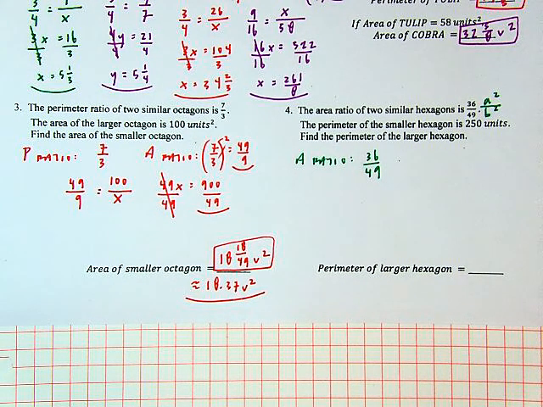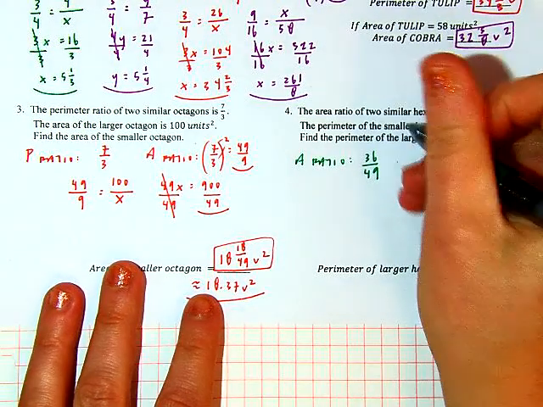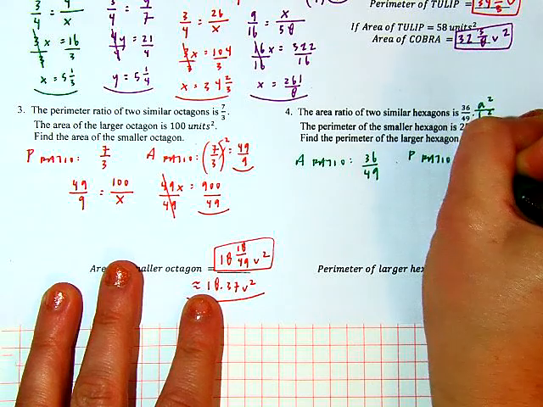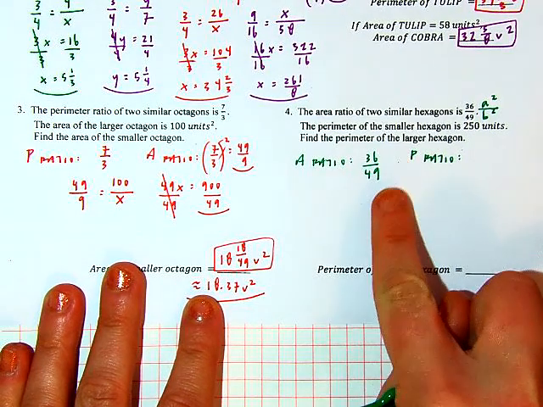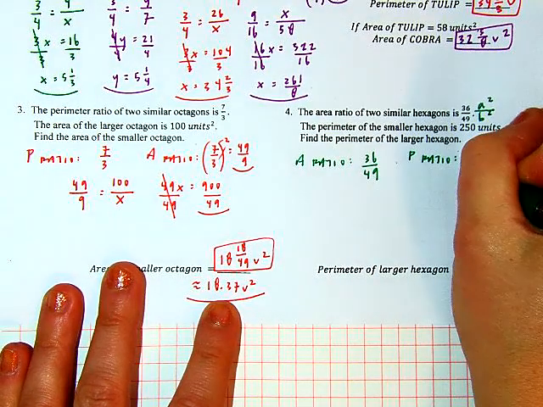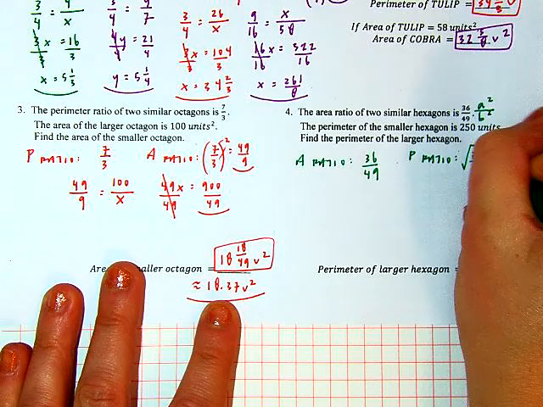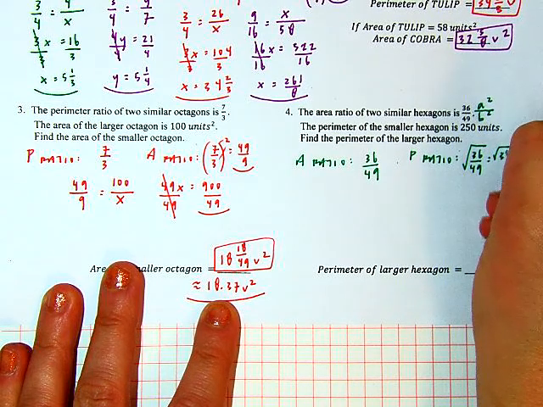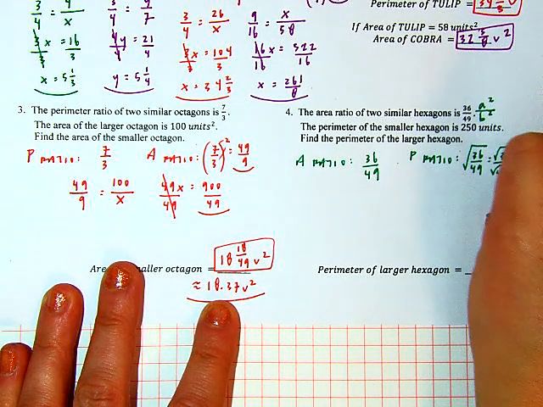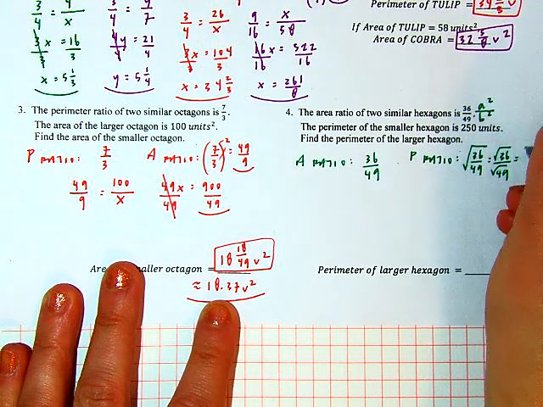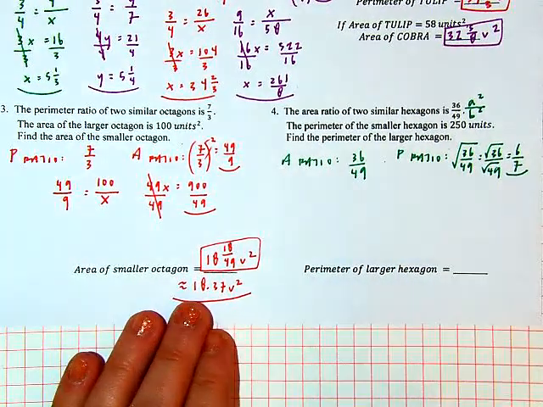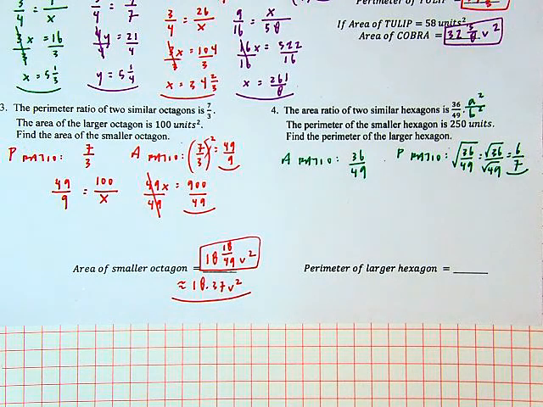Find the perimeter of the large hexagon. So I need a perimeter ratio. If this is a squared to b squared, I need to take the square root of 36 to 49, which is taking the square root of 36 and also 49, and I see that it's a 6 to 7 ratio. So my scale factor would be 6 to 7.